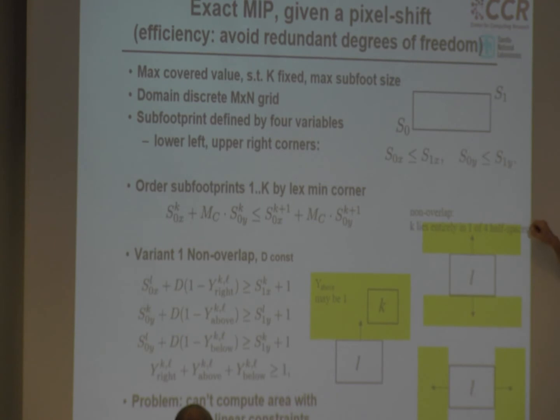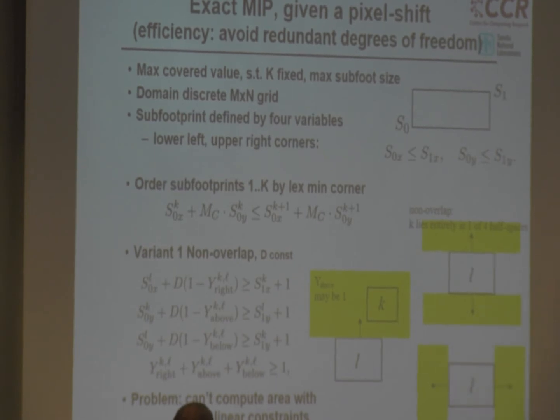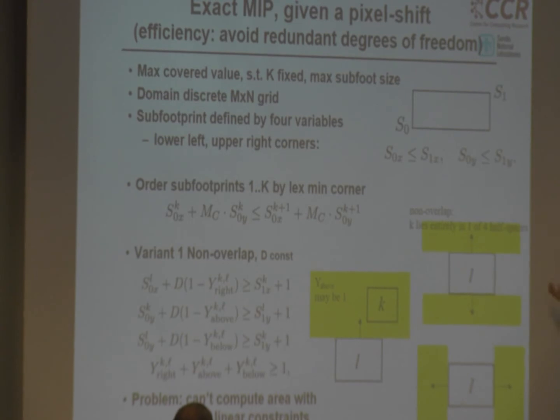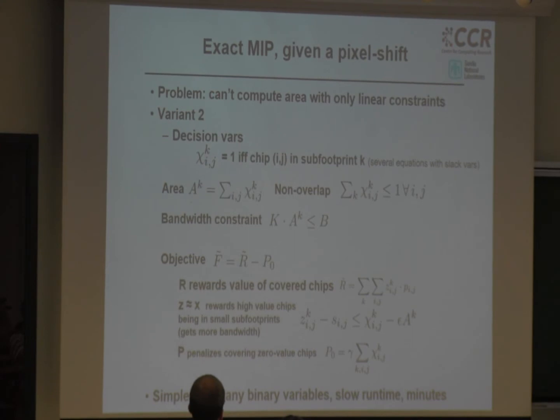The way to model it is that if you have a chip or a subfootprint like this, every other subfootprint has to lie completely in one of these 4 half spaces. Otherwise they'll overlap. It sort of sounds like an OR constraint, but by summing up these slack variables, you can get around that and keep it convex. But the downfall of that is that we couldn't figure out a way to calculate the area with just linear constraints.